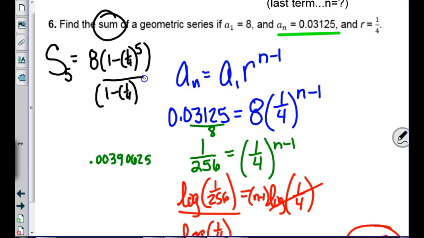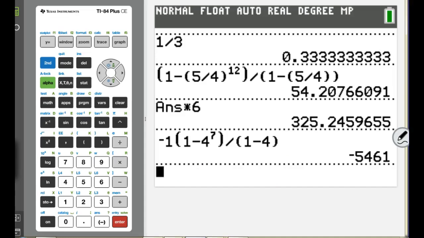Okay, please practice typing. I should be doing it in here, but I didn't write it down.